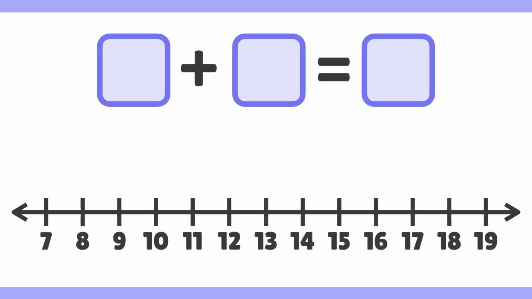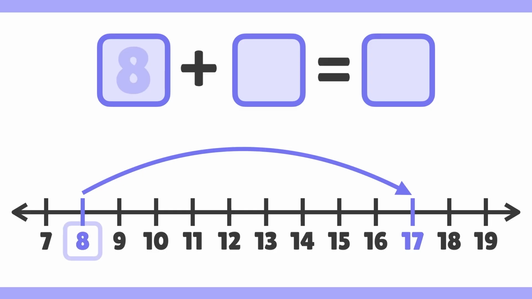This time, I'm going to show you an addition problem on the number line, and you will need to fill in all 3 numbers. I will start here, then I will add this many and end here. What addition problem is this? We start at 8, so 8 is the first number.